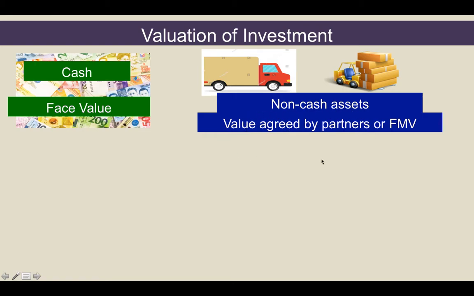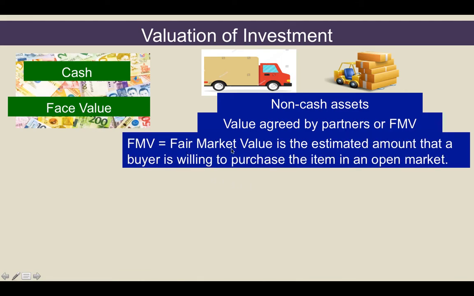Okay, so those partners will do a valuation, and of course, their valuation should have a reasonable basis, and the most reasonable basis of valuation is the fair market value. Fair market value is the estimated amount that a buyer is willing to pay for the item in an open market.